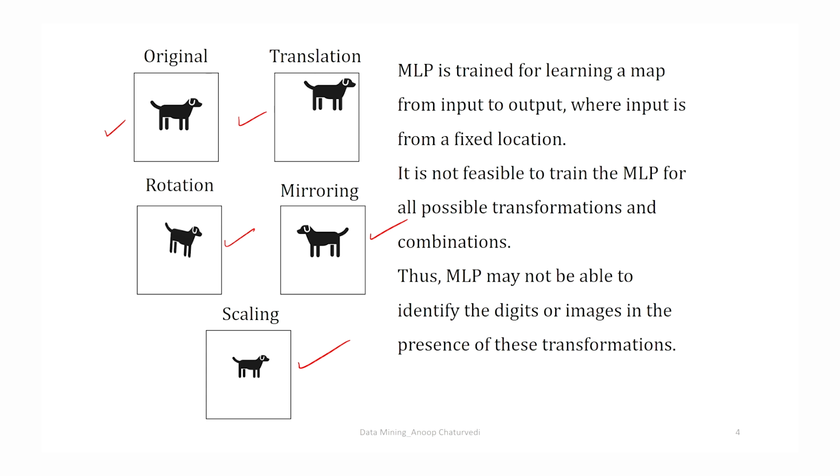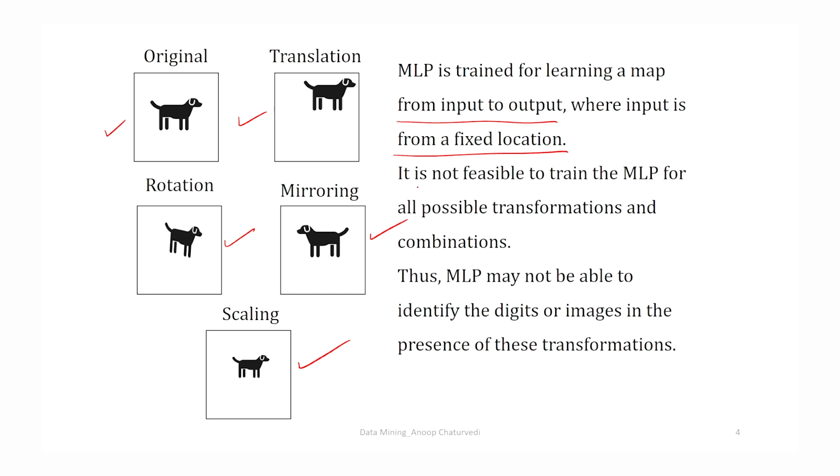Then the multi-layer perceptron is trained for learning a map from input to output, where input is from a fixed location. So, you have input at a fixed location and then you train the model and ultimately you get the output.